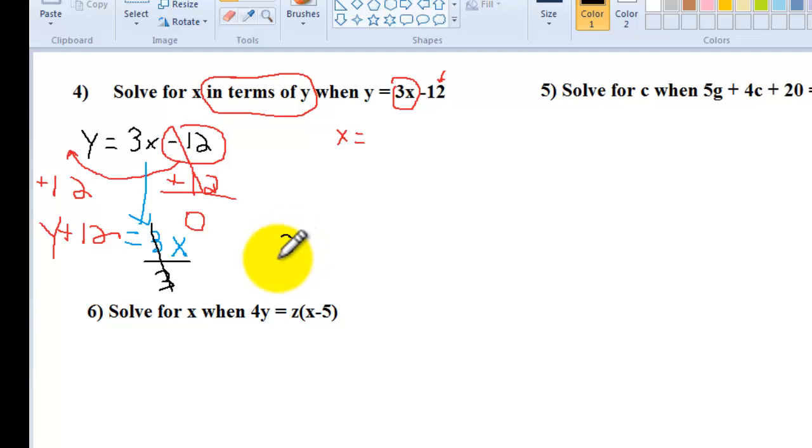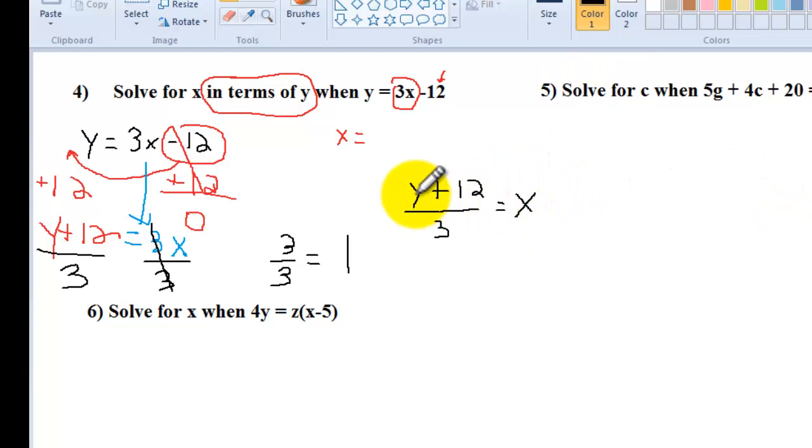Remember your fraction rules. Any number over itself or divided by itself will simply equal 1. But it's algebra. Whatever you did on this side of the equal sign, you have to do on this side of the equal sign. So we're going to divide this also by 3. So what you have is y plus 12 divided by 3 equals x.